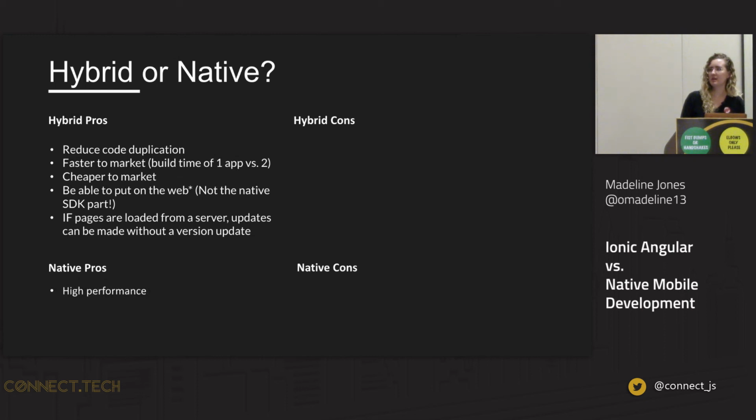Other pros, of course, are high performance for native. I meant to talk about this earlier: native is closer to the actual processing language of the device, and it's going to be a little bit faster. Sometimes it's milliseconds, but that can matter depending on what you're working on. If you're making a mobile game, or something that's hardware to hardware, like your Apple Watch or your Amazon Alexa, that can matter a little bit more.